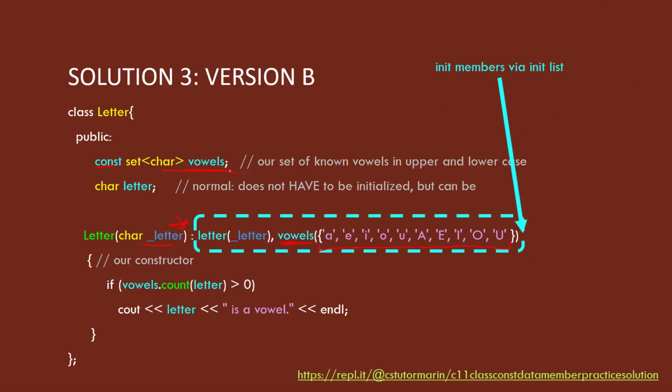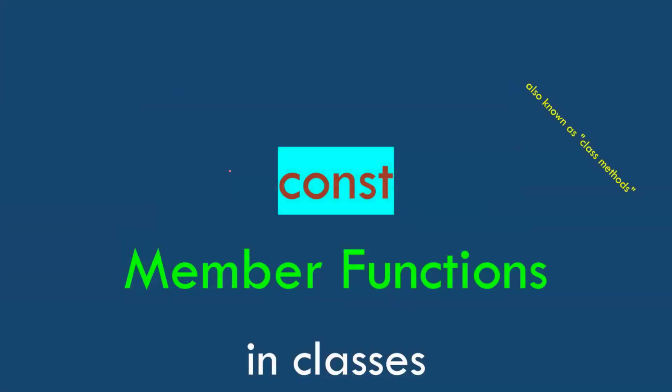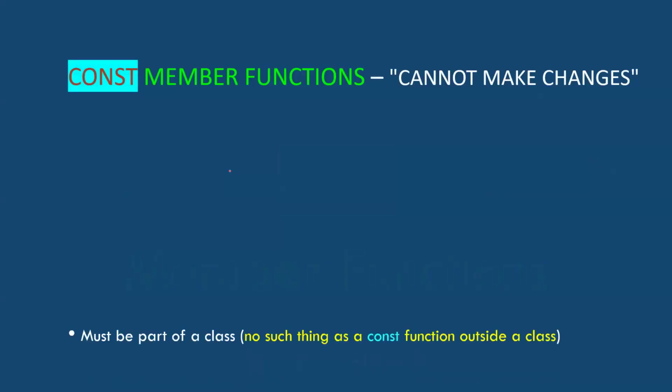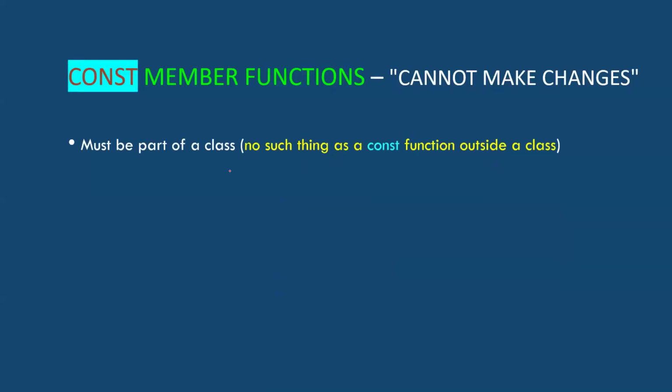Okay, all right, so const member functions. I think we're making the final turn here. Const member functions cannot make changes. We saw this on that early slide. If we put the const between the argument list and the curly braces, that is how we define a member function that cannot change anything.